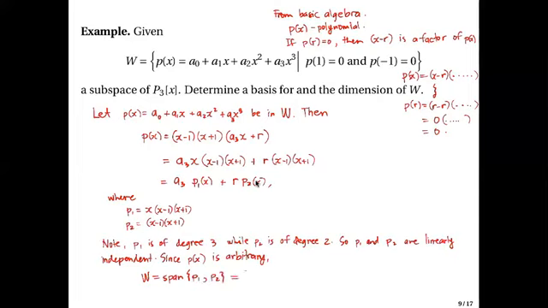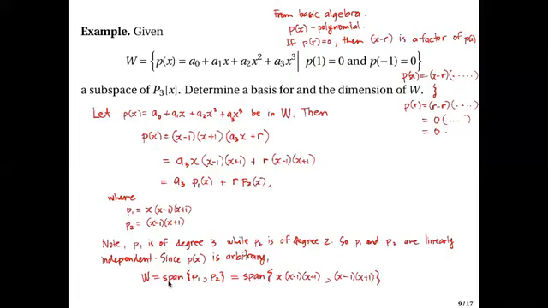And let us write those P1 and P2. So our P1 is x times x minus 1, x plus 1, comma, P2 it's x minus 1, x plus 1.